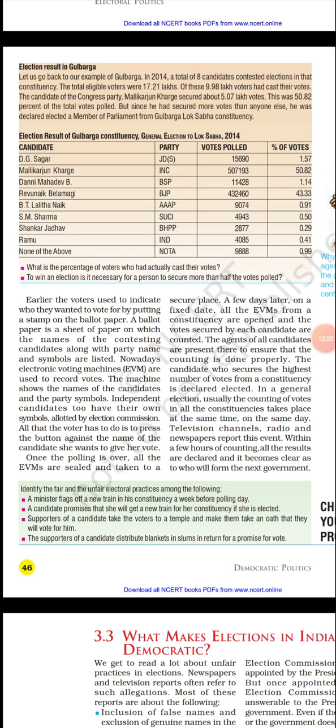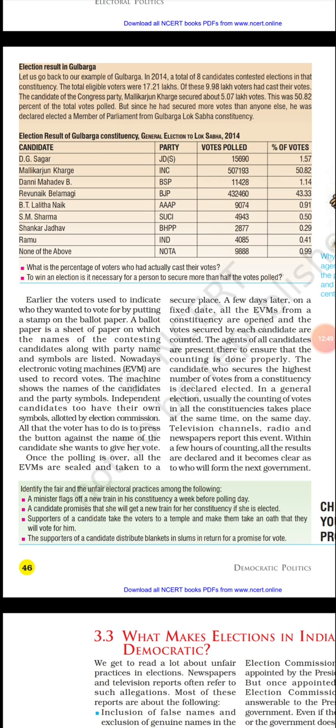Now, after the polling is over, all the EVMs are sealed and taken to a secure place. EVMs means all the machines. A few days later, a date will be fixed for the counting, and all the EVMs from different constituencies will be opened and the votes will be counted.